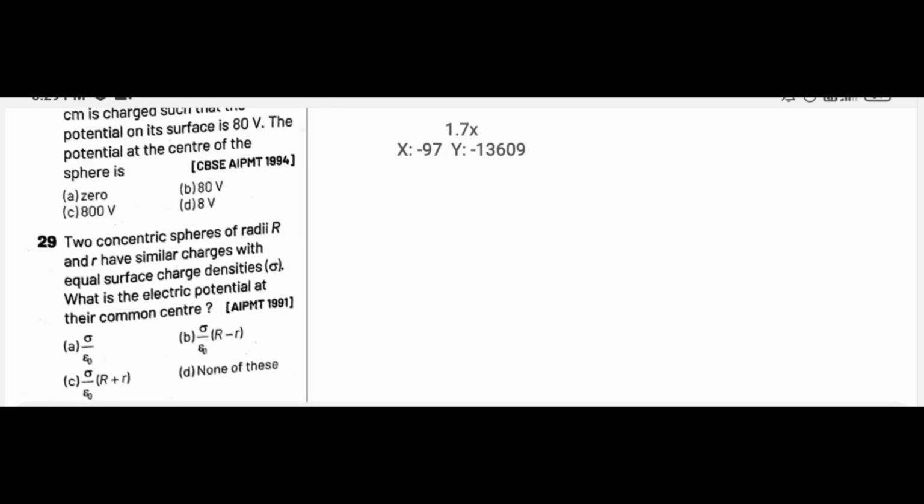Okay, this is what today's session covers for electric potential. We have discussed questions from year 1992 to 2024 on electric potential. We can expect 1 to 2 questions. In recent years they have asked 2 questions from this chapter.